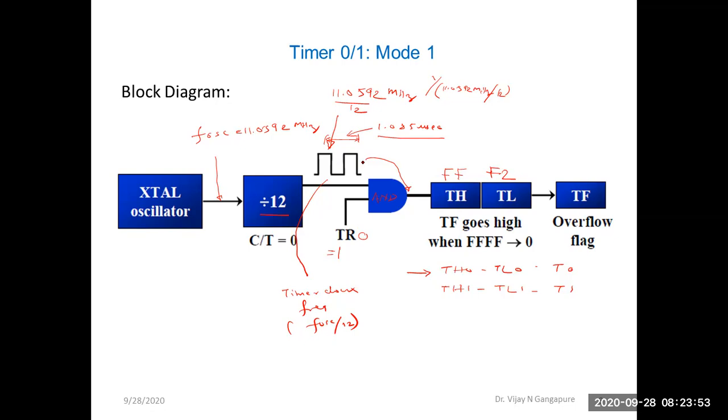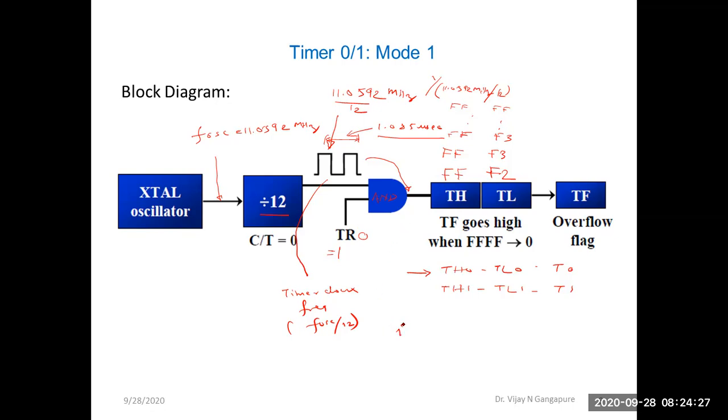Due to the first pulse, what will the count become? It will become FFF3, incremented by 1. Due to the next pulse, it will become FFF4. So after how many pulses will this count become maximum, that is FFFF?